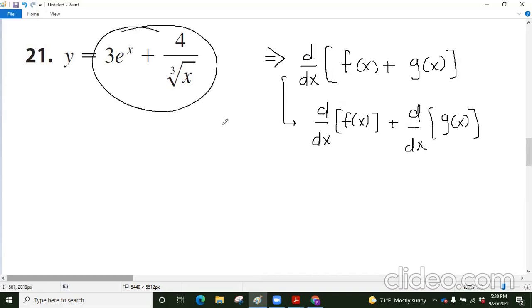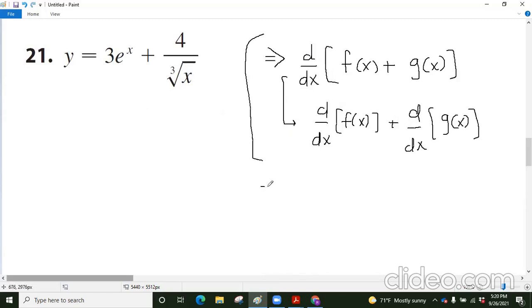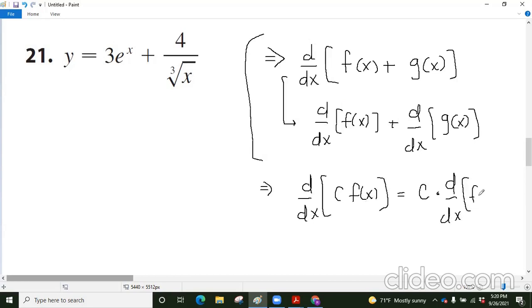And the same would be applied here, but I think it's better to cover another rule as well, which states that the derivative of a constant times a function is equal to the constant multiplied to the derivative of that function, if that makes sense.